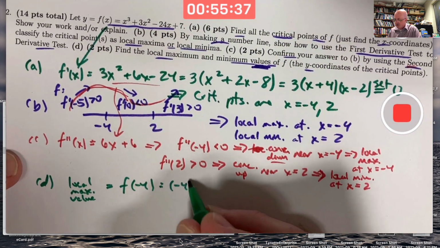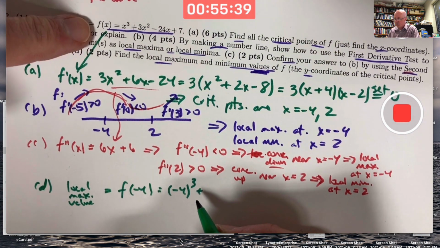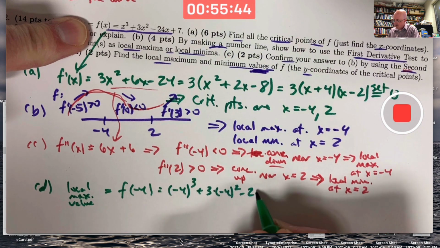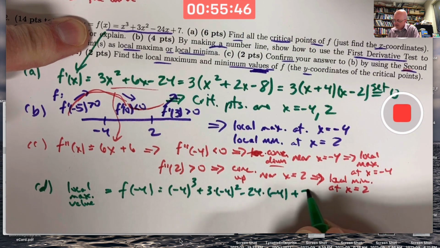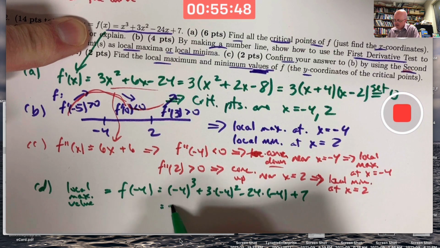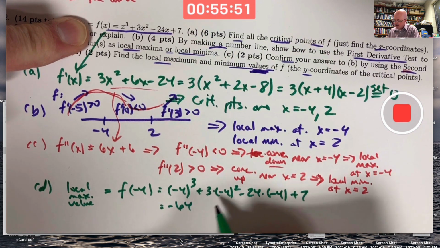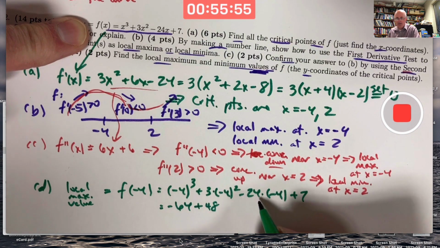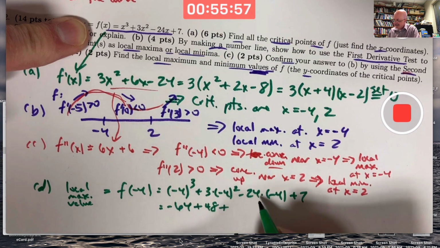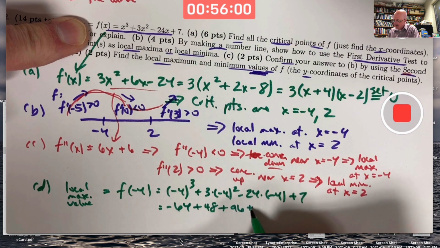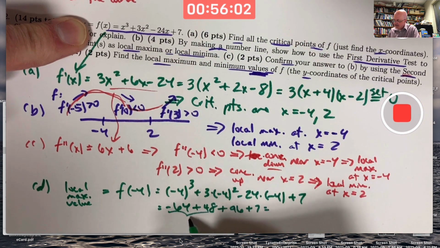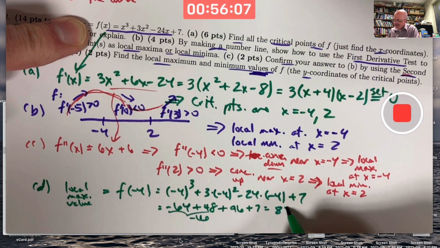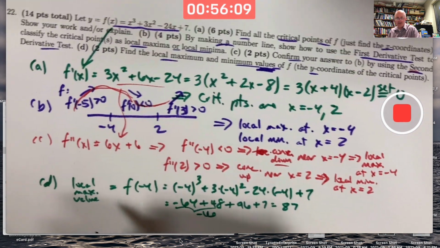So that'll be -4 cubed plus 3 times -4 squared minus 24 times -4 plus 7. -4 cubed is -64. 3 times +16 is +48. Plus 96 plus 7. That's the -16. Plus 96 is 80, plus 7 is 87 for the local max value, if I've not made a mistake.